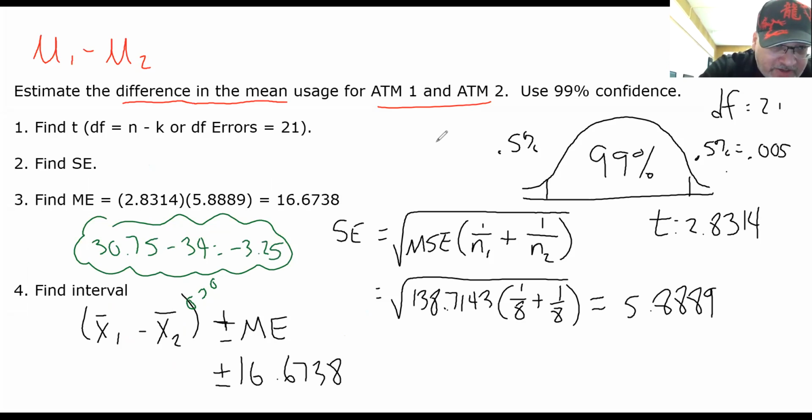And we will move that into the confidence interval setup. Negative 3.25 is correct.